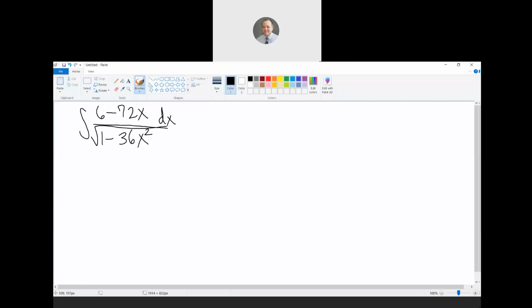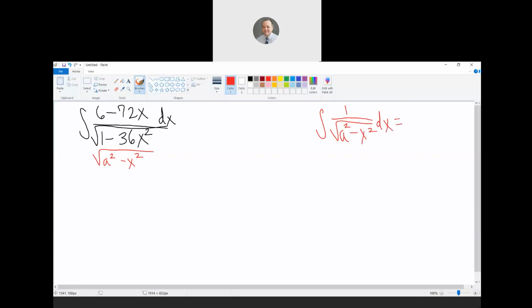What I would do is look through my integral table and see if there's anything that closely matches the denominator. Technically, this is in the form square root of a squared minus x squared. And when you go through your integral table, you'll actually find a formula that fits, kind of.